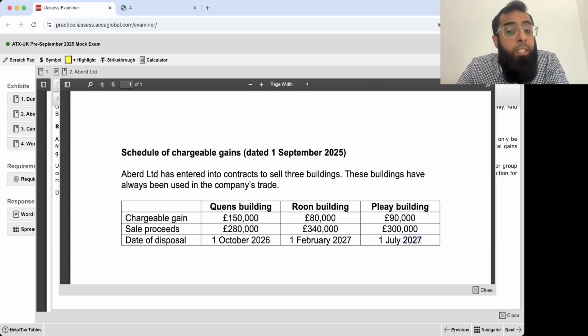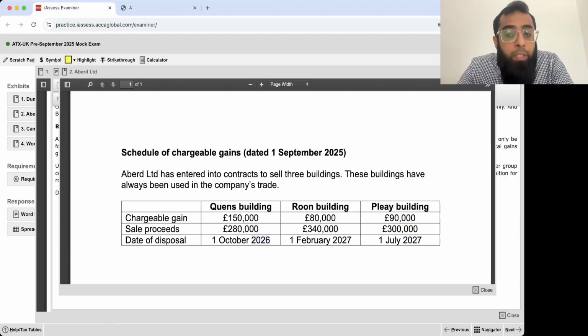Now all of the disposals of Aberrade Limited, October 26, February 27, July 27, are after this date. So now the benchmark date is the disposal date. See, this is the only confusing point here. The benchmark date is the disposal date, 12 months before or 36 months after.